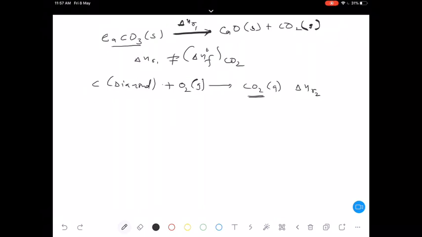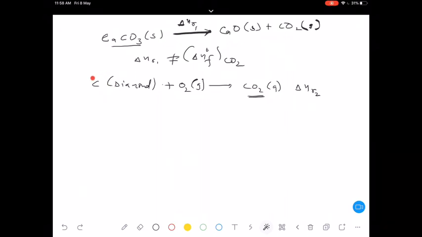Next part of the definition is we say that from its corresponding elements which must be in their standard states too. Isn't that right? Carbon, standard state of carbon, we know that it is carbon graphite.